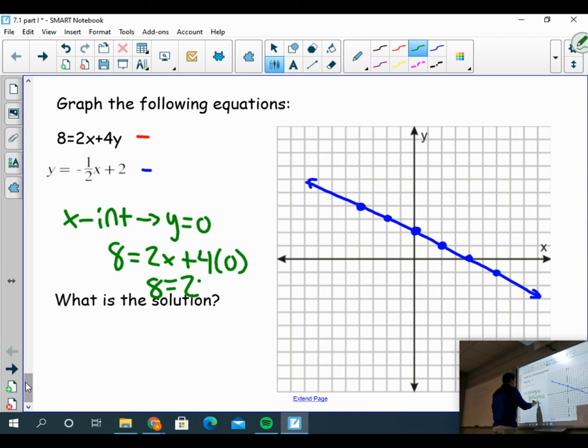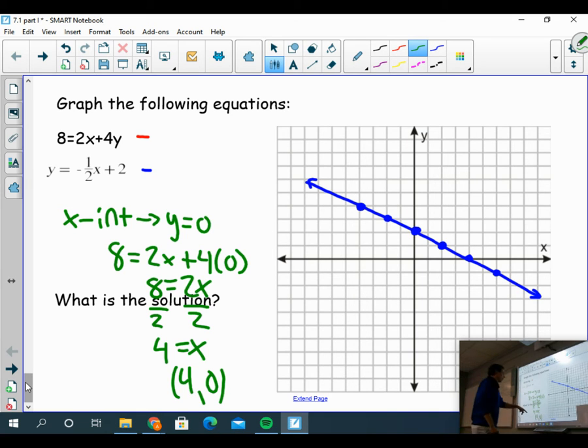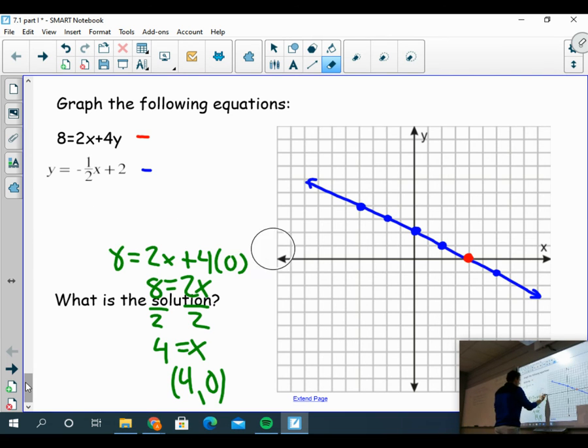And I get 8 equals 2x because 4 times 0 is just 0. Isolate x, and I find that my x-intercept will be 4. Again, the x-intercept occurs when y equals 0. So I plug in 0 for y, and I find that my x-intercept for my first equation happens at (4, 0).